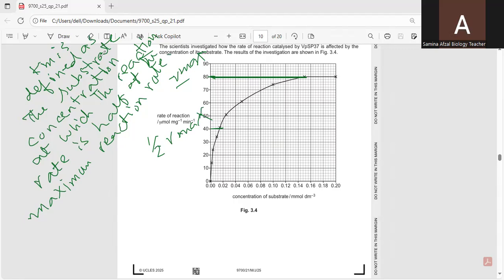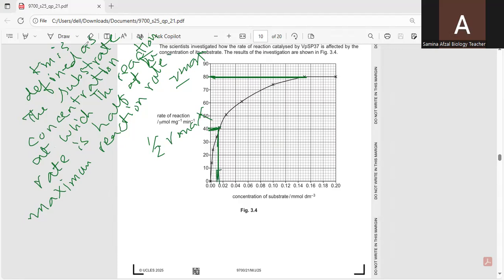Now to find the Michaelis-Menten constant, we will go to the point where this line of half maximum strikes the curve. So we will go in the downward direction. We will draw this line down.